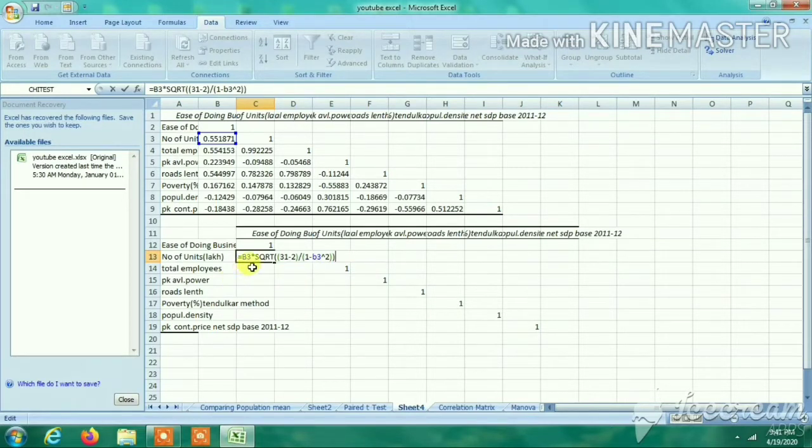So this is our formula: the value r into the square root of n minus 2, divided by 1 minus r square. Press Enter.